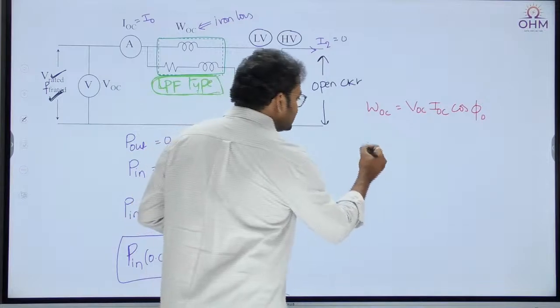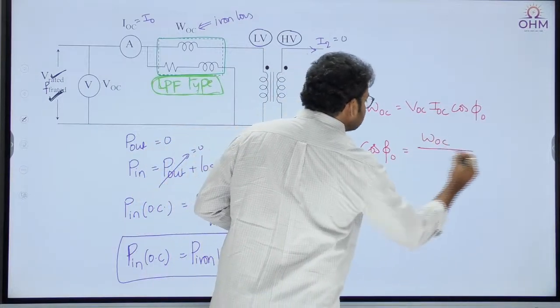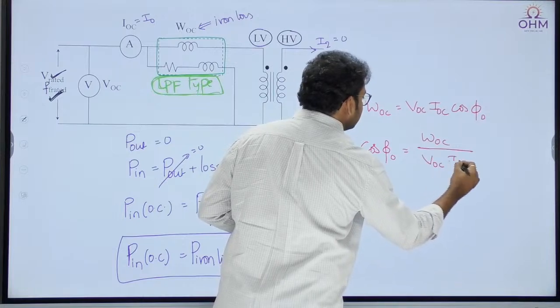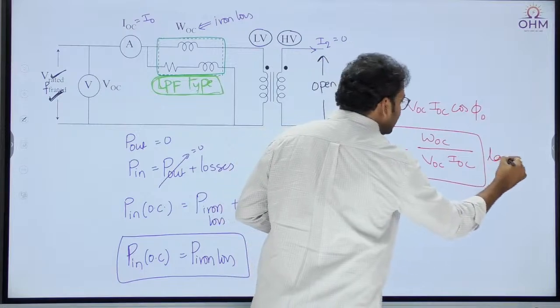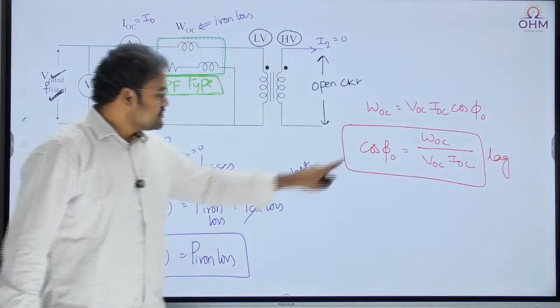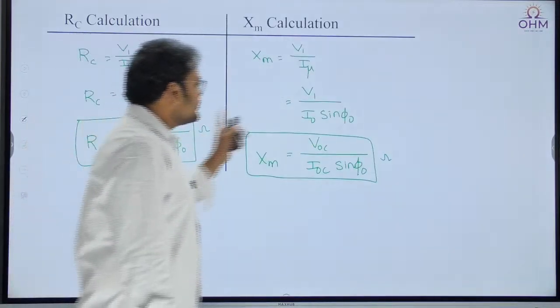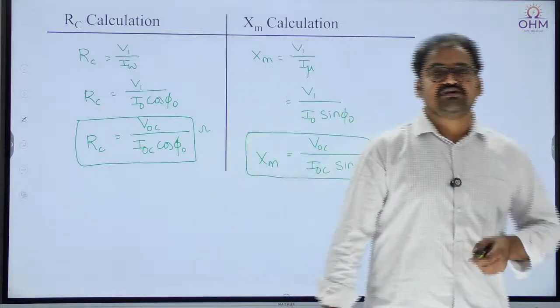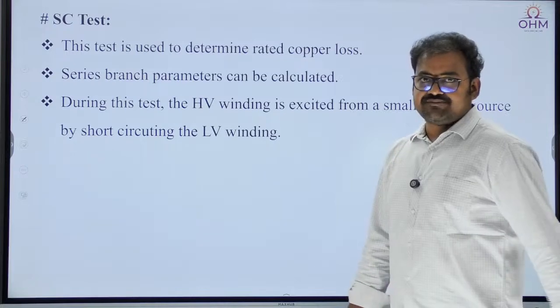So from this we can write cos phi naught is equal to WOC by VOC into IOC. And definitely the power factor is lagging because it is an RL circuit. So use cos phi naught and you can find both shunt branch parameters RC and XM. So this is the open circuit test.